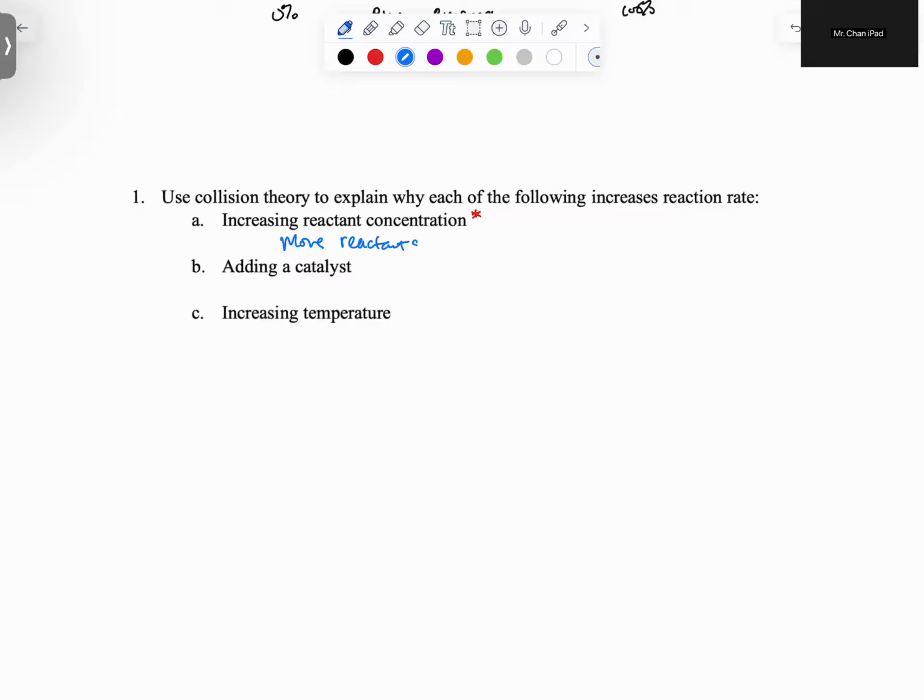So more reactants, more collisions, but anyone? When would it not be applicable here?